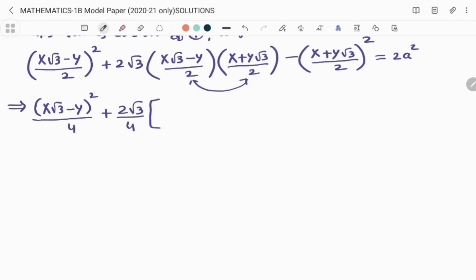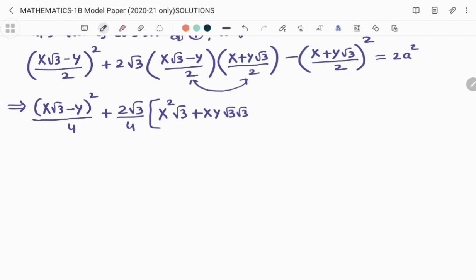So X root 3 into X, so X square into root 3. Next, X root 3 into Y root 3, so plus XY into root 3, we can write like this.